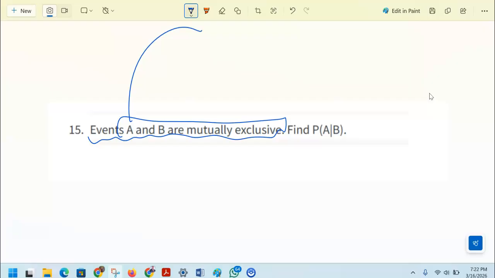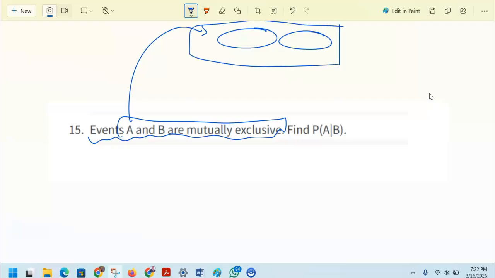So what is the definition of mutually exclusive? Mutually basically means these are two groups like this. If I use the Venn diagram, A and B are mutually exclusive if they don't have anything in common. So the number of outcomes for both of them together is empty. There's nothing. It means n of A and B is zero.